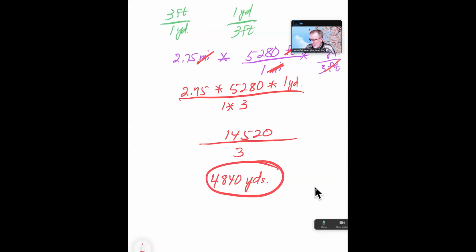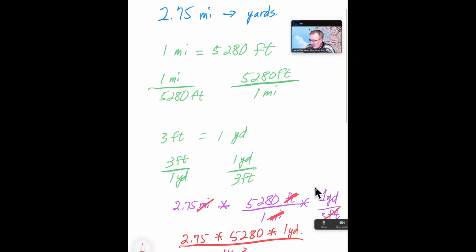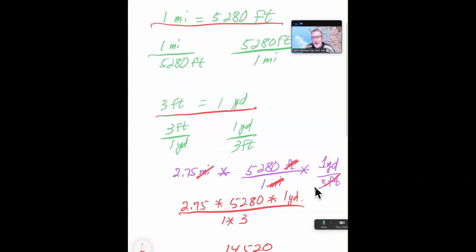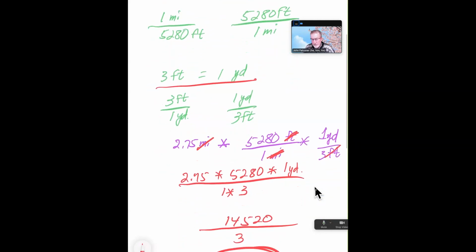And when we set up these conversions, you can just write out the conversion equivalents here, and then write the whole thing out as multiplication of fractions, the product of several fractions. As long as you have the units canceling each other out, you'll wind up with the answer in the correct units.